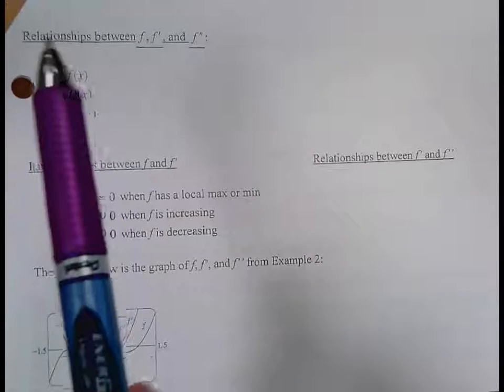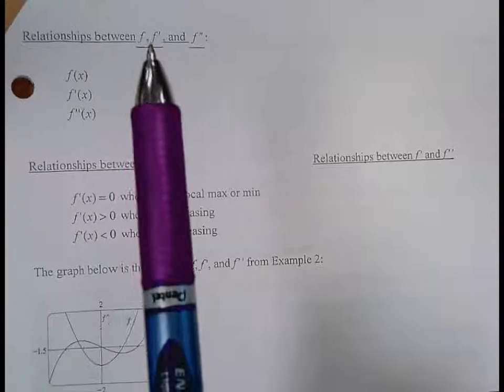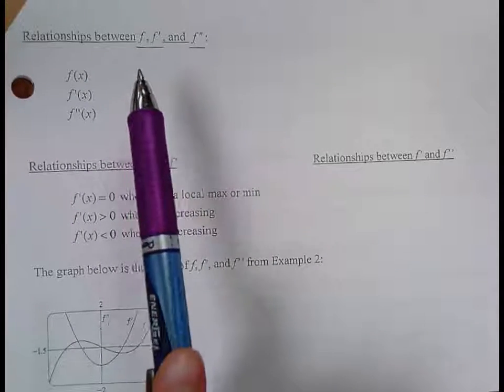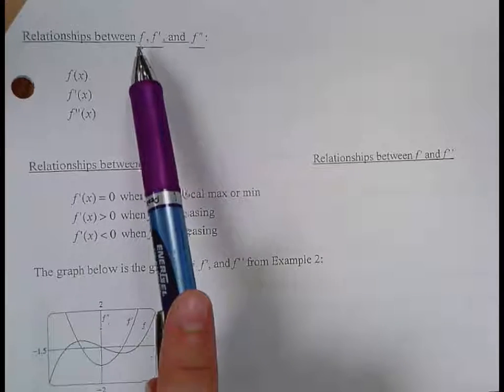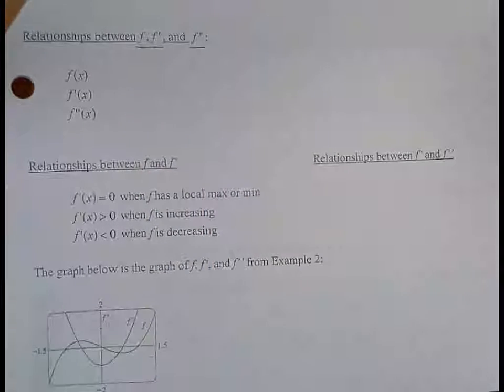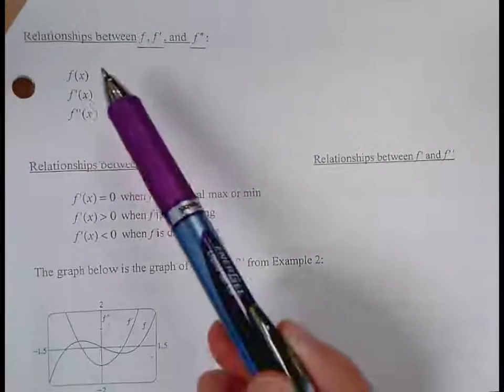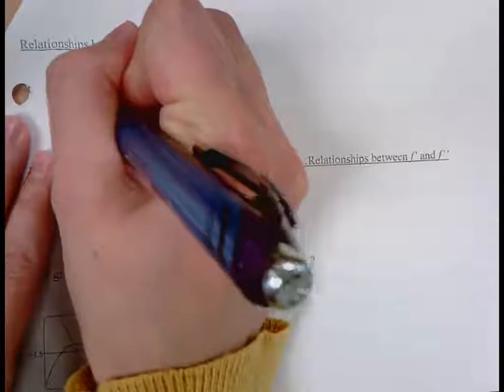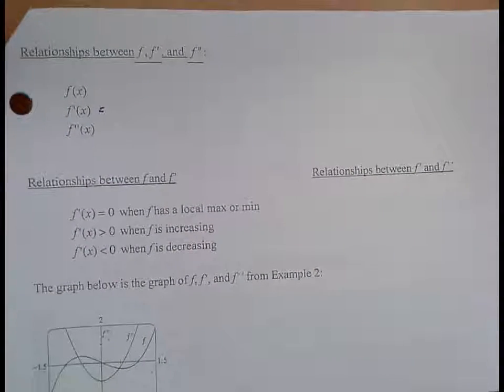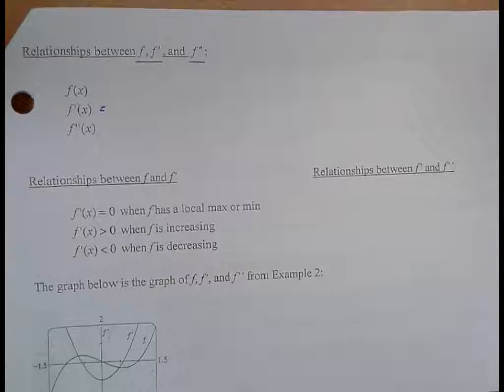So, just to discuss quickly here, relationships now, because we have a second derivative, relationships between the function, the first derivative, and the second. So you have f of x. We know f prime of x. What did that represent on the graph again, or what was the main interpretation of f prime?